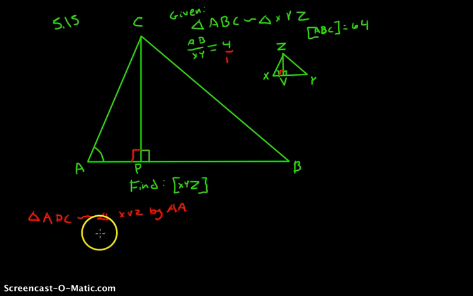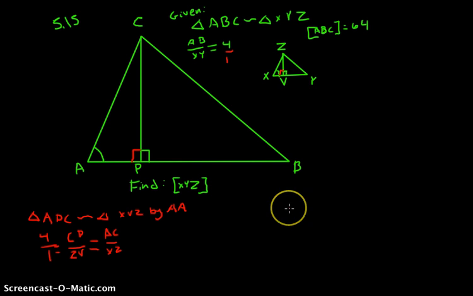So with that, you can say CP over ZV is equal to AC over XZ, because it's part of the same triangle here, so the ratio of these sides over each other should be the same. Since AC over XZ is equal to 4 over 1, the ratio of CP over ZV is equal to 4 over 1. So the ratio of their altitudes is 4 to 1. This is 4 and this is 1.